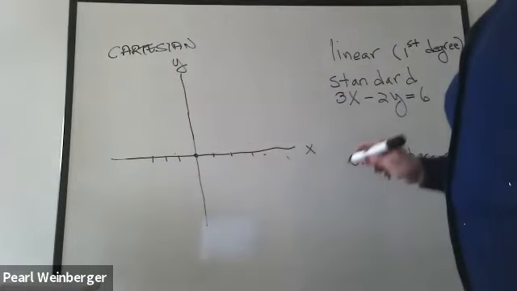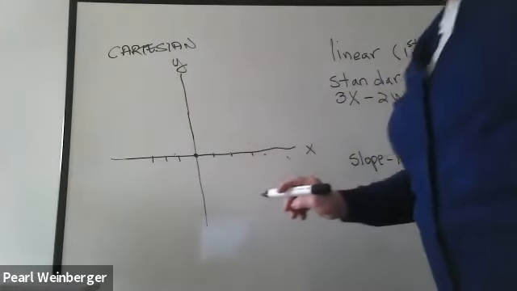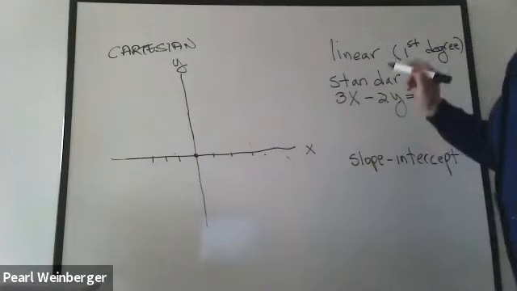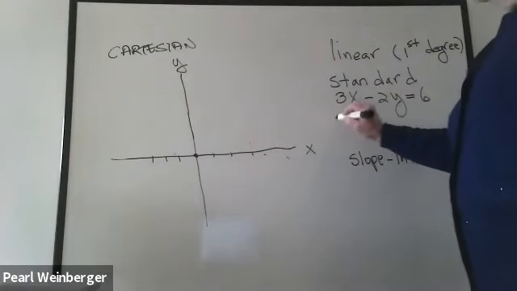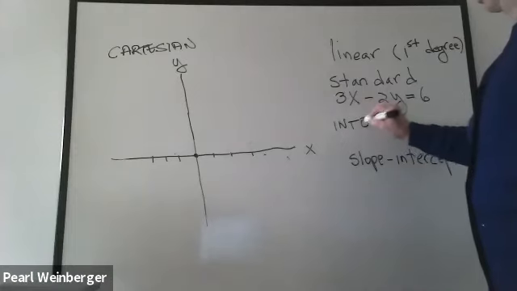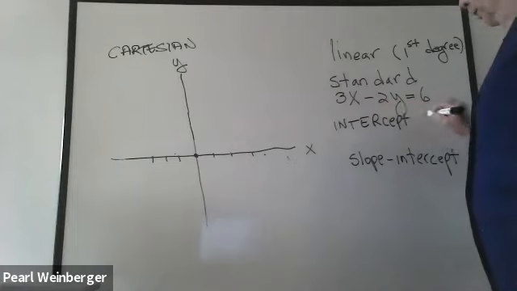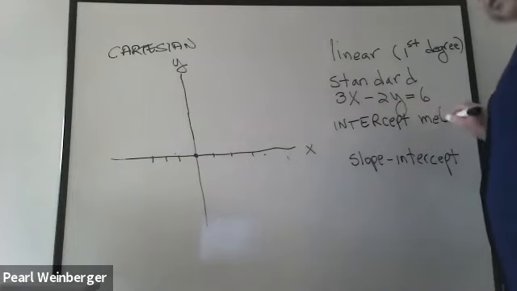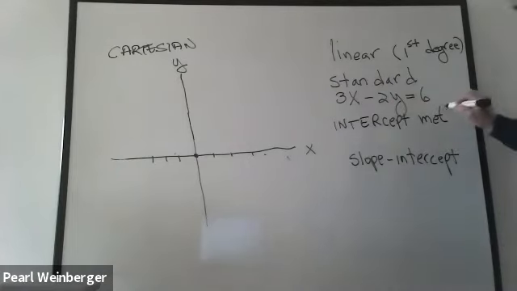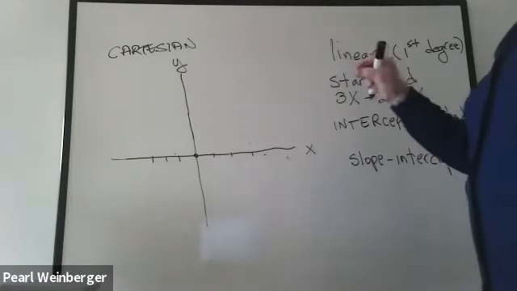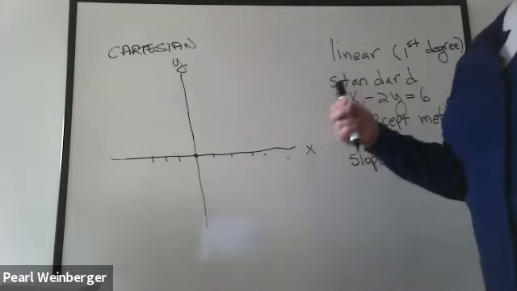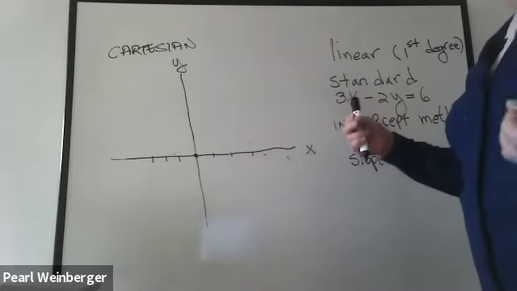And I'm going to show you what I call the easiest way to do this. The easiest way to do it is by a method that I call the intercept method. What do we do? The whole point is, let's think about how can you get a line?